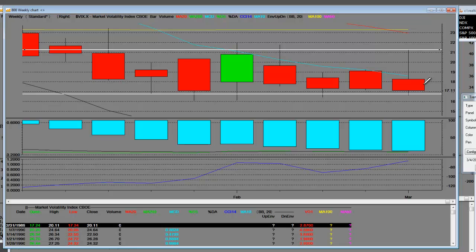It's a perfect time, the lower that gets, if you're holding things, well, it's up to you, whatever you do. I know what I do: I sell into these rallies. And this is a fear indicator, by the way, the VIX.